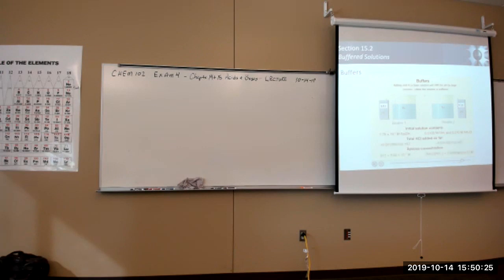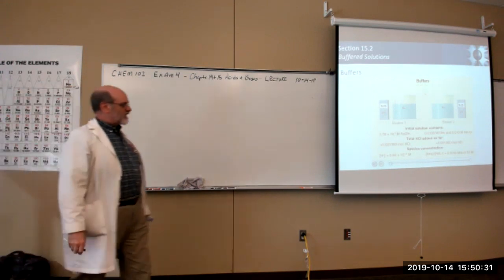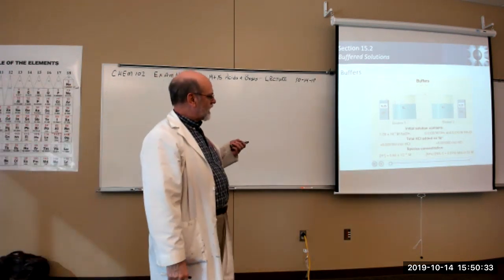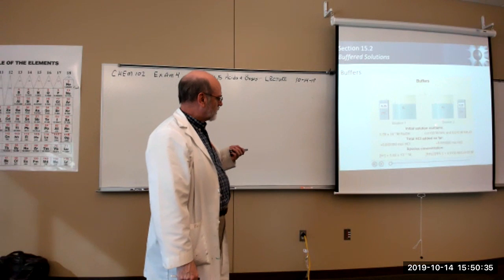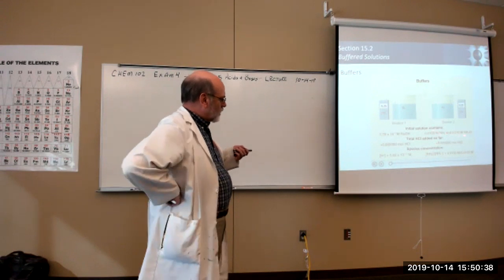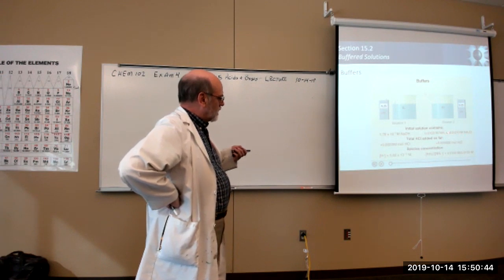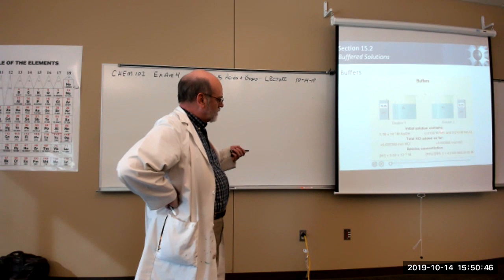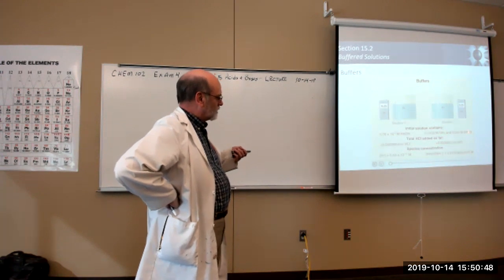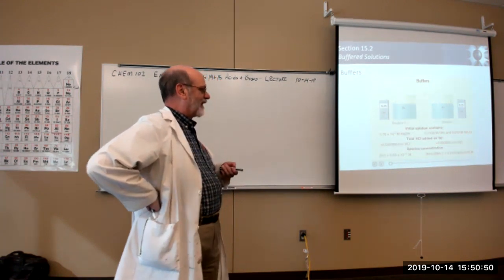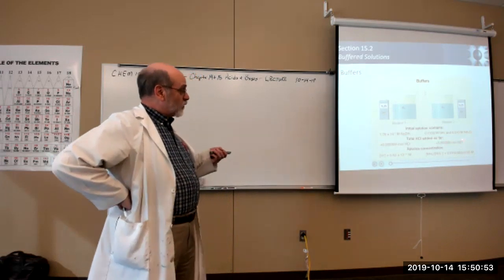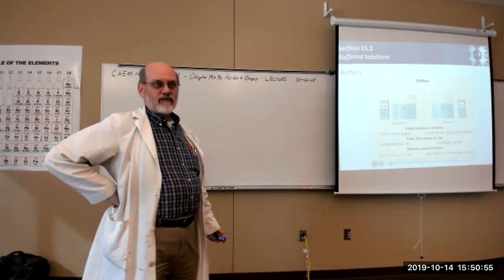Now, what do you think is going to happen to that buffer eventually? Well, the hydrogen ions, when we add them to the buffer, combine with the ammonia to form ammonium. So that means that if we keep adding acid, eventually we're going to run out of ammonia.